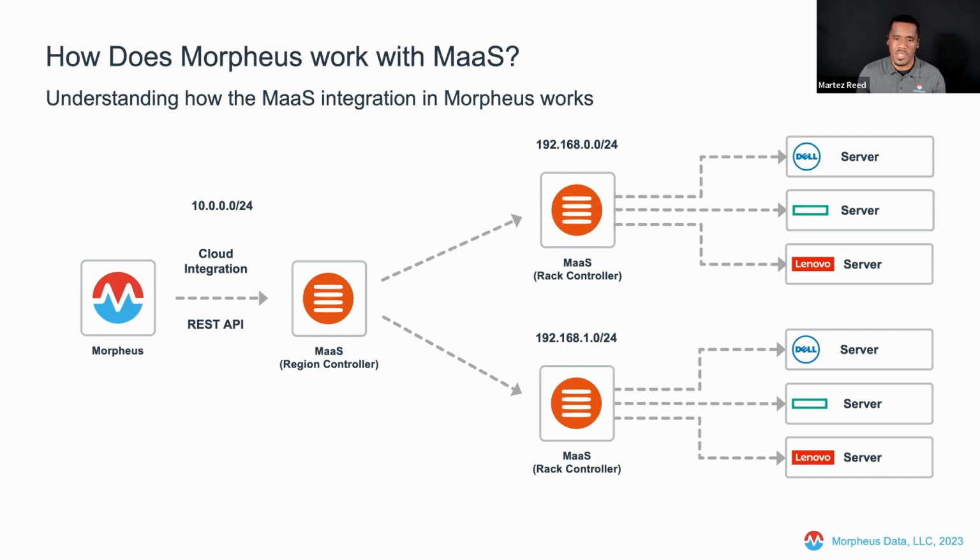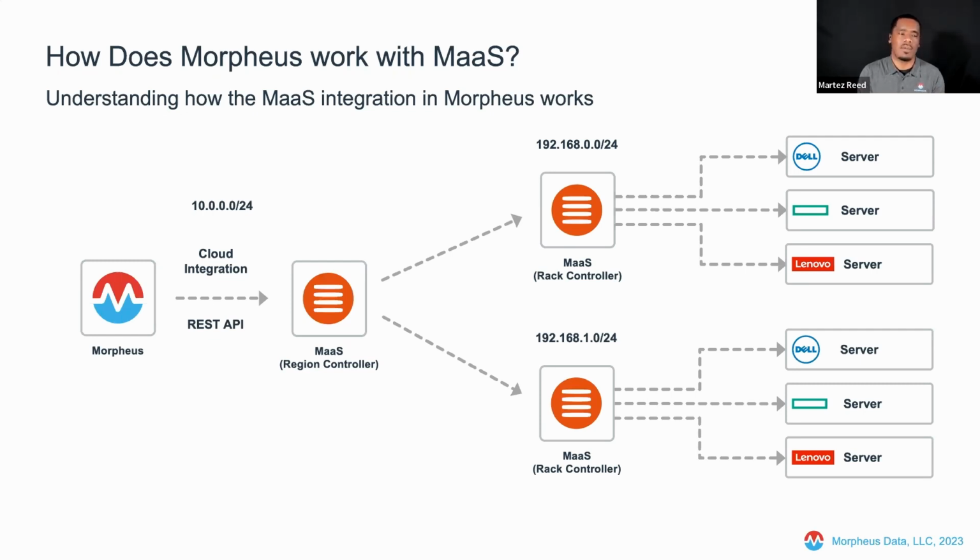Certainly this would become difficult and cumbersome if Morpheus had to interact with these particular controllers. But what Morpheus is able to do is interact with the canonical MaaS region controller. In this diagram, the region controller controls management and configuration of the downstream rack controllers. I could have, let's say, 10, 15, 20, 30 rack controllers under management from that region controller.